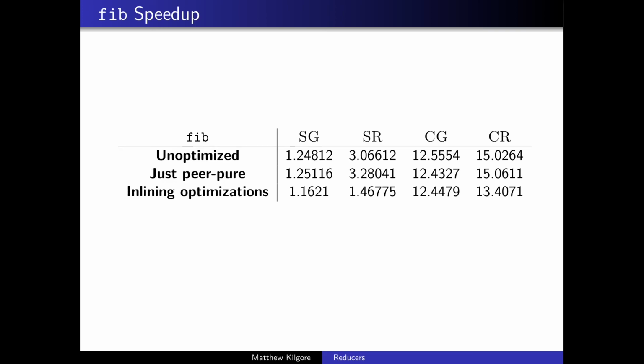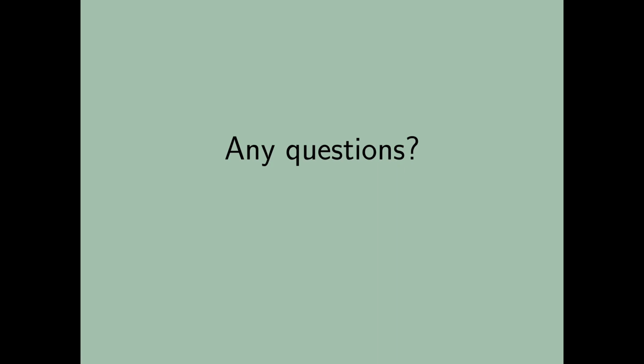We're still trying to find some additional benchmarks that will hopefully show just how powerful the pure optimization combined with the inline optimizations is together, but hopefully this shows you how they work separately. Any questions?